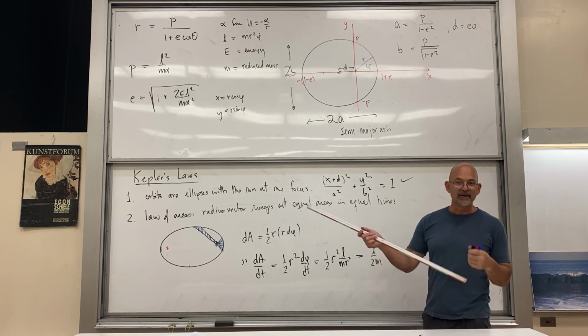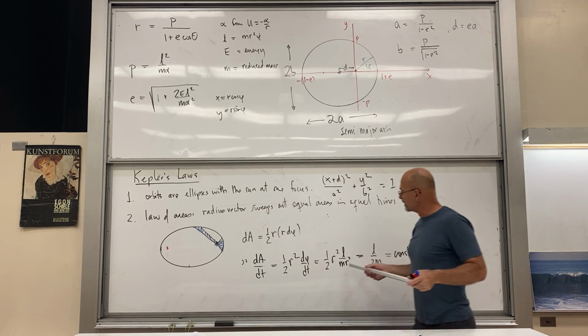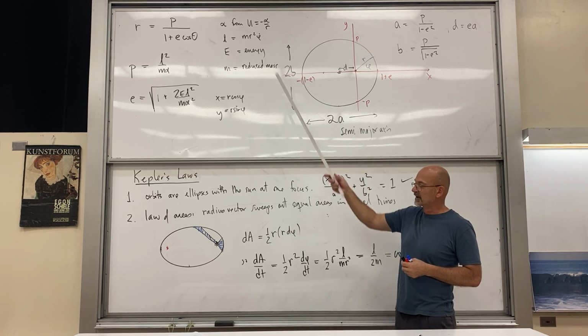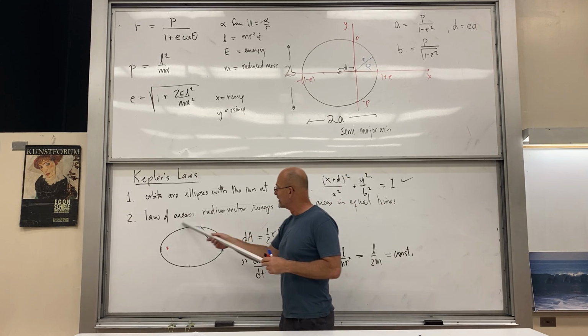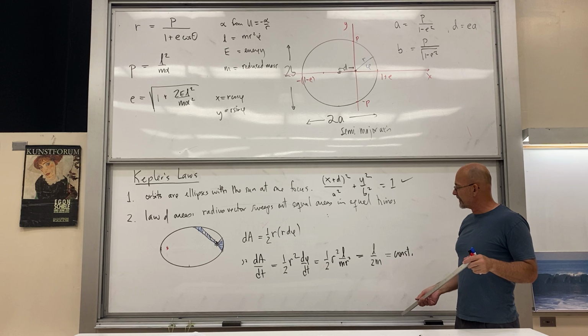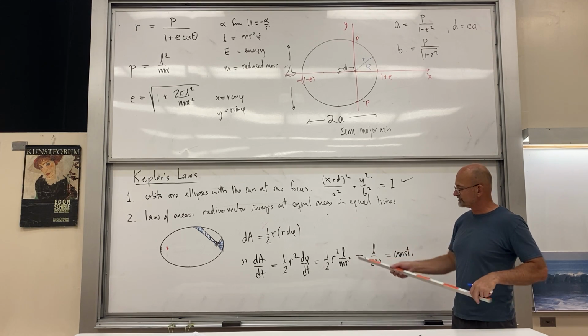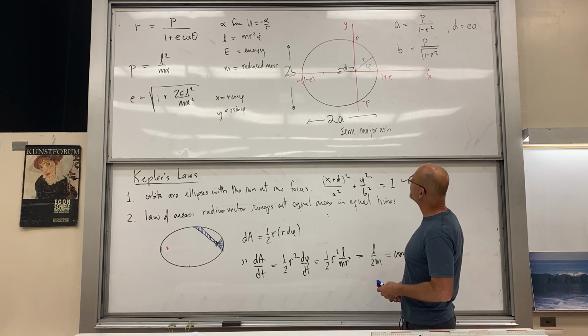Of course, dynamics had not yet been invented when Kepler came up with these laws. But you'll notice we didn't use any of these results up there. We just used the actual fact that we have an orbit around the central body, and that the angular momentum is conserved. So, equal areas in equal times.